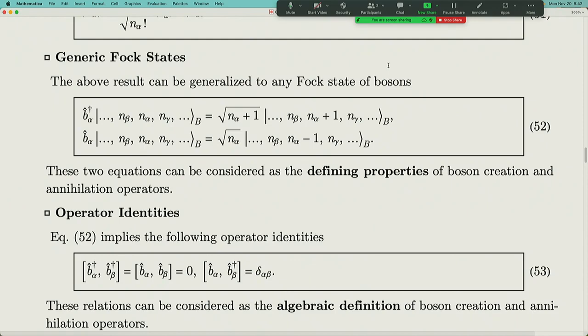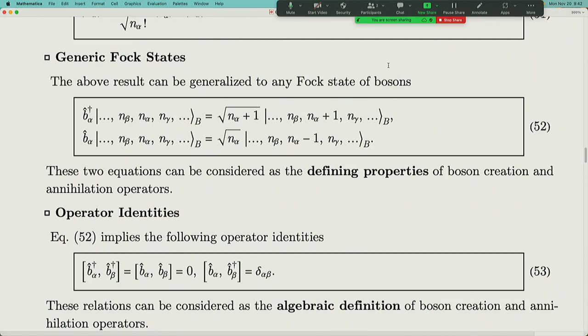There are n alpha plus 1 different places for you to do this insertion. And for the annihilation operator, first of all, you decrease the number by 1, but you also need to multiply by the square root of the number of different ways to do deletion, which is n alpha in this case.